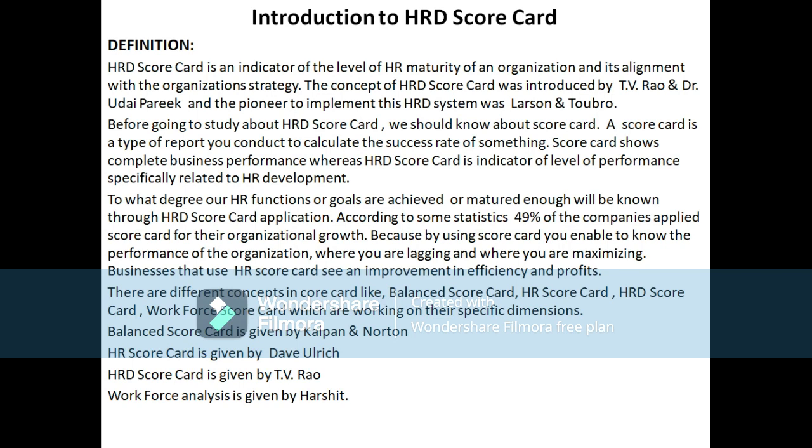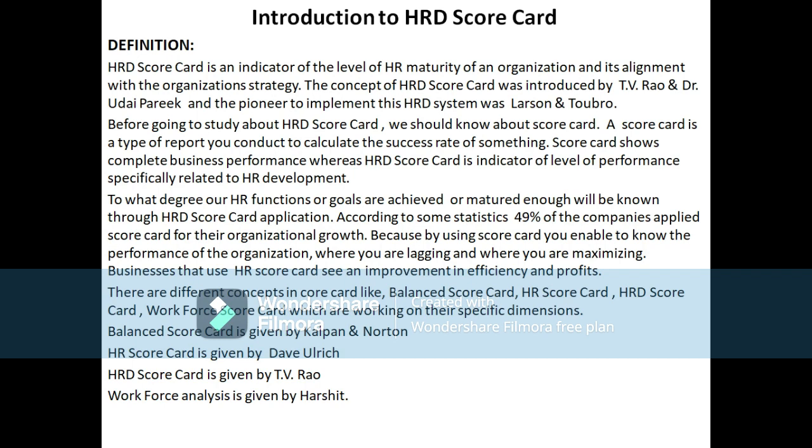HRD scorecard is an indicator of the level of HR maturity of an organization and its alignment with the organization's strategy. Here, indicator of the level of HR maturity of an organization is nothing but the achieving levels of an organization. For example, HR has certain functions, strategies, policies and procedures.